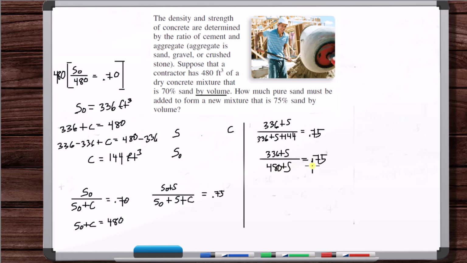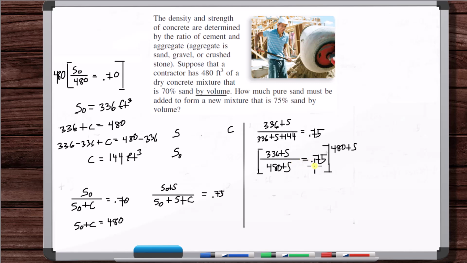Okay, so we need to multiply both sides, multiply this entire equation by 480 plus S. Or you can think about cross multiplying.